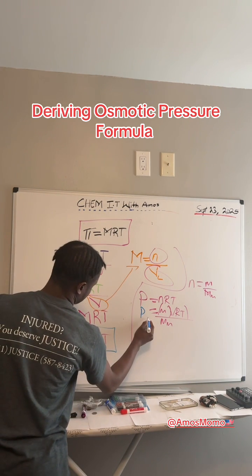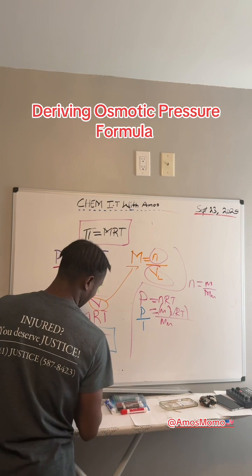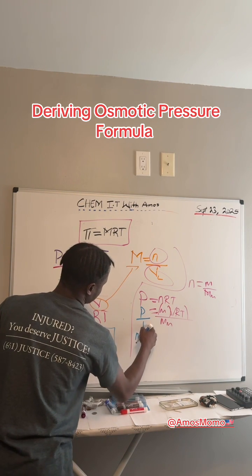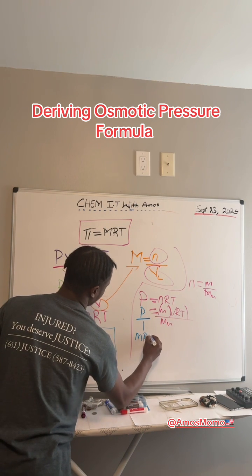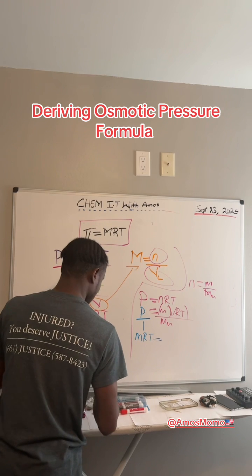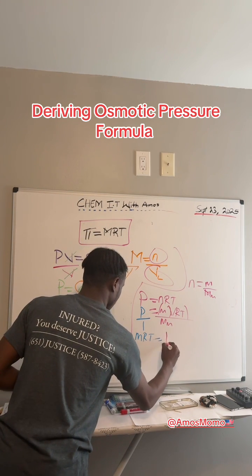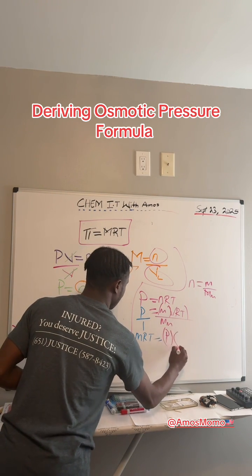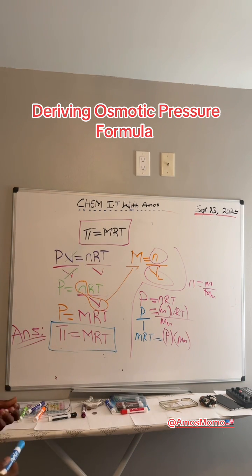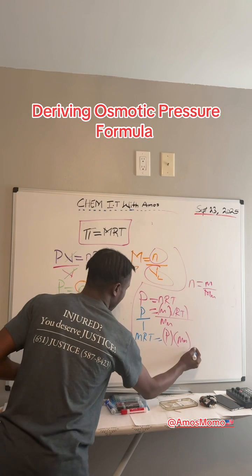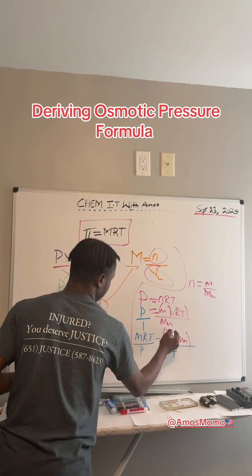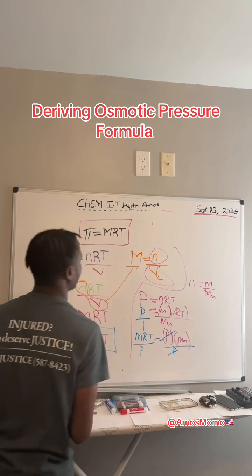You express this over 1 to balance it. 1 times M is just M. 1 times RT is equal to pressure times molar mass. What we want to find here is the molar mass. So divide both sides by pressure. Pressure cancels pressure, and you have the molar mass.